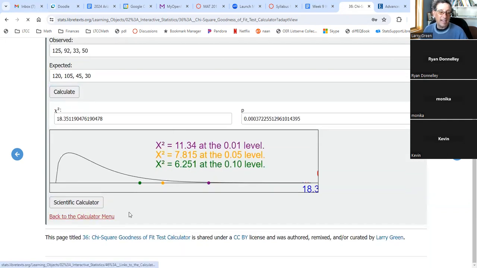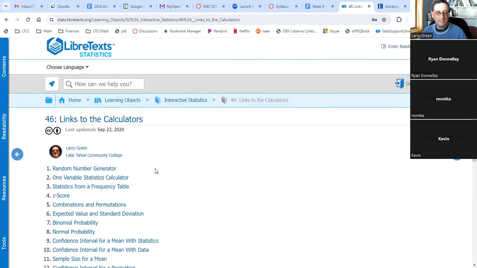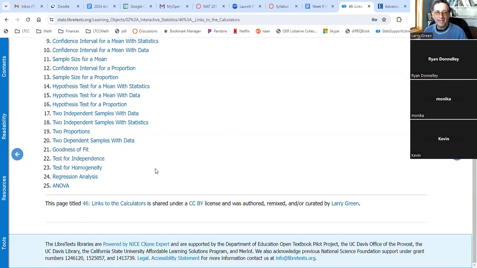So I can go back to the calculator menu. And what calculator number do we use? This should be obvious. Yeah, 22. It's a test for independence.